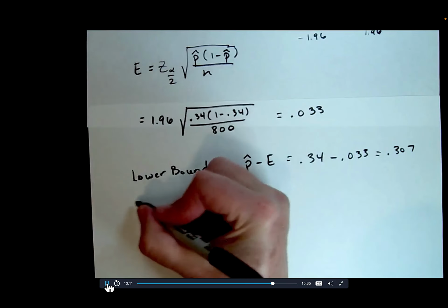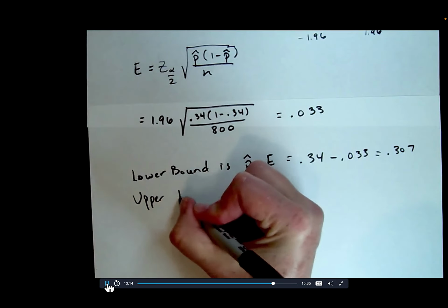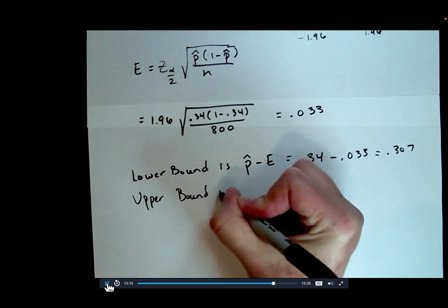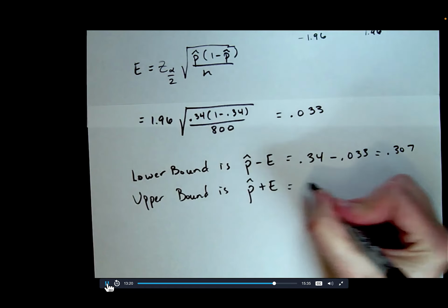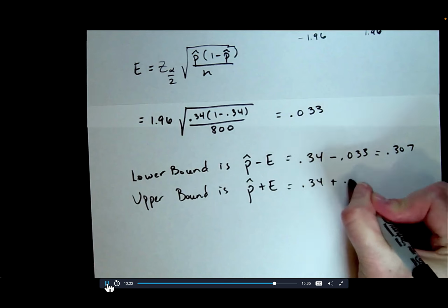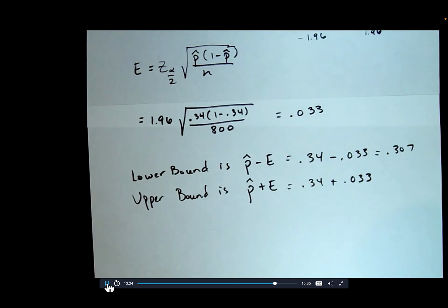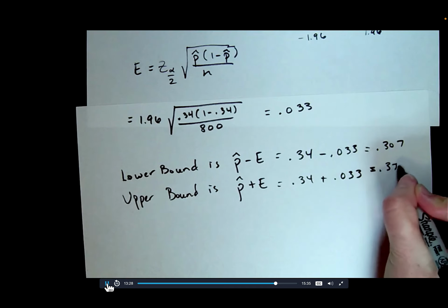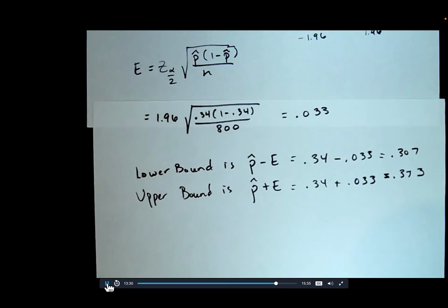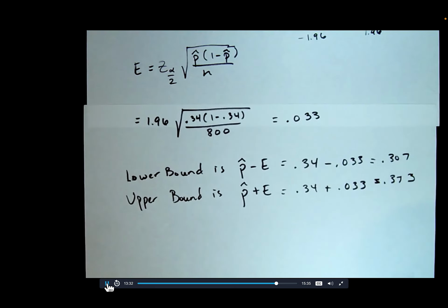The upper bound is the point estimate plus the margin of error. So in this case, that's 0.34 plus 0.033, which works out to be 0.373. Okay, so our confidence interval goes from 0.307 to 0.373.